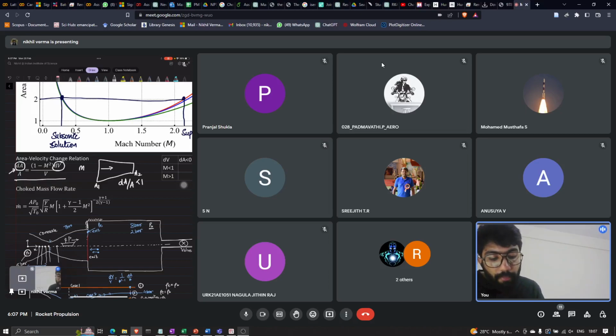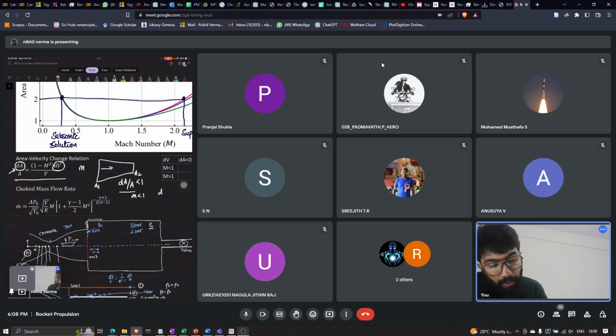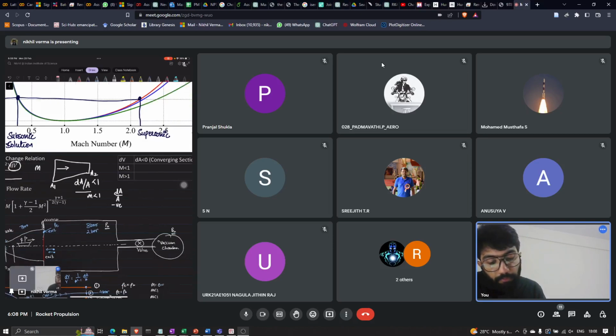If the Mach number is subsonic, meaning less than 1, then the 1 minus M squared term is positive.